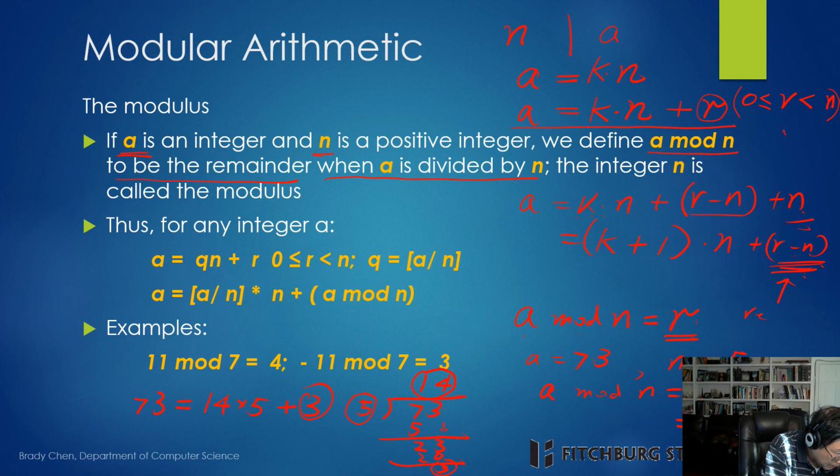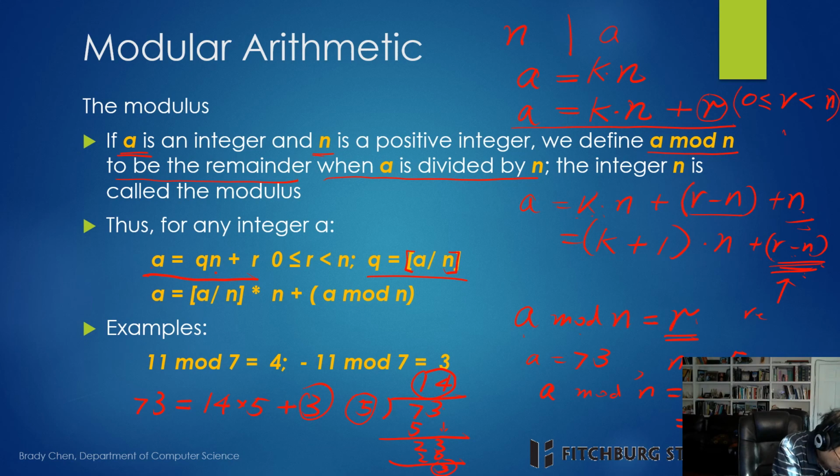So in general, for any a, if we divide a by n, we can write a as q times n plus r for some q. Now q is the division of a by n, but we keep the integer part and get rid of the fractional part.